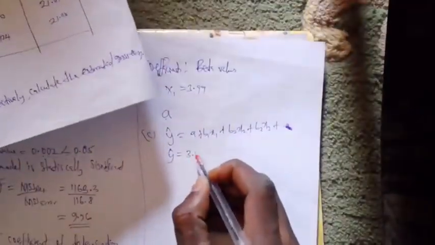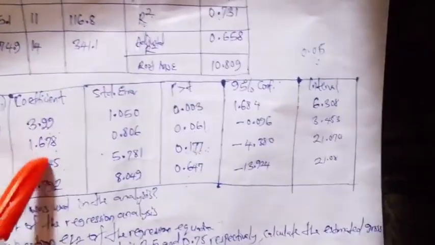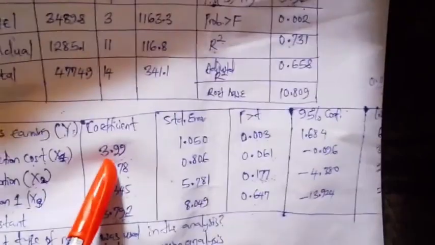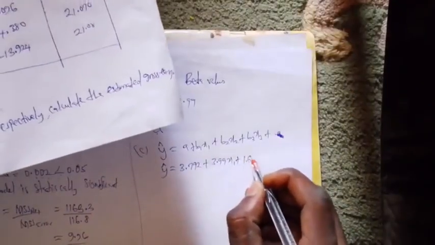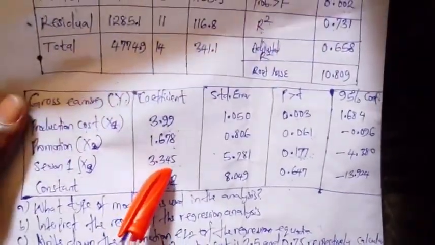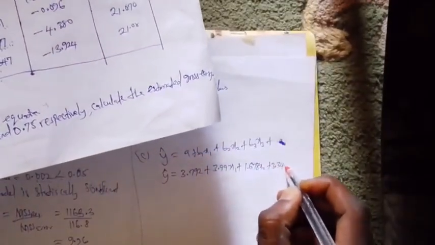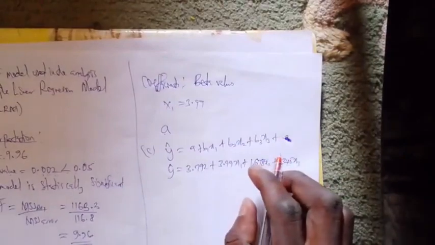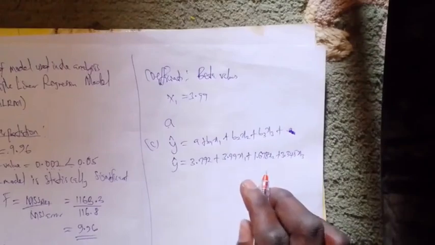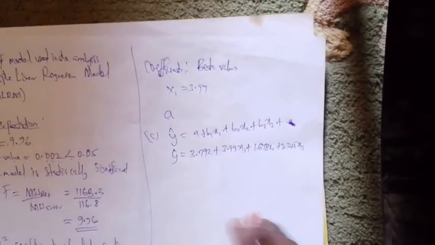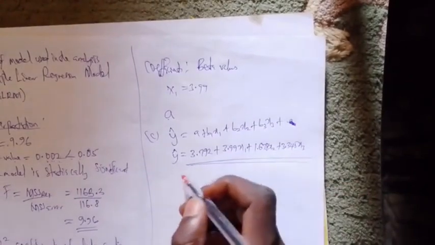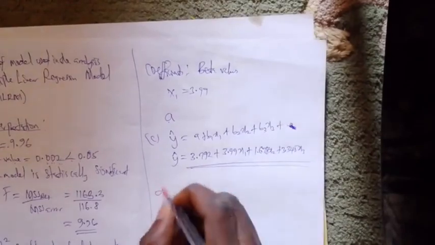Then write down 3.792 plus b1. b1 is 3.99, times x1, plus b2 1.678 x2 plus b3 3.345 x3, right? So this is our estimation equation.